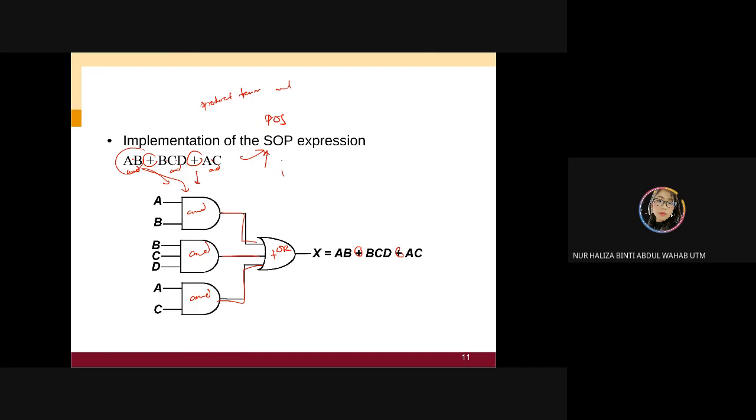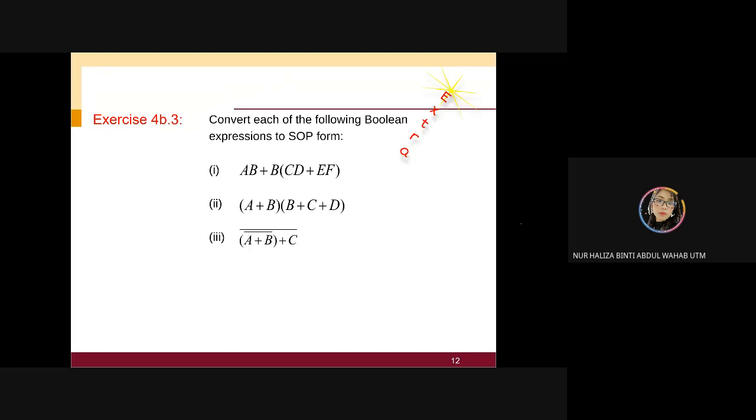This is how your SOP circuit is going to look. Did I show you the example of how to convert to SOP last time?